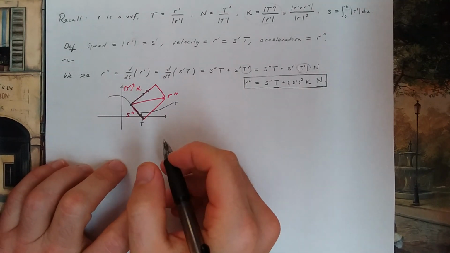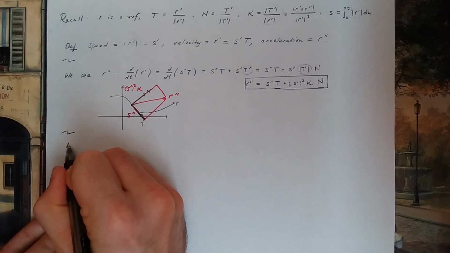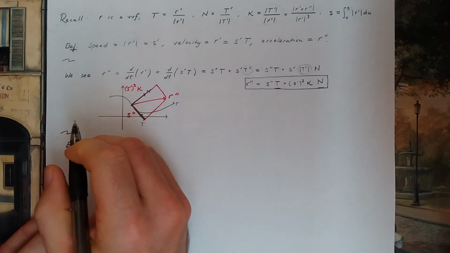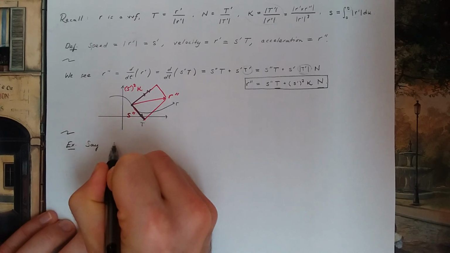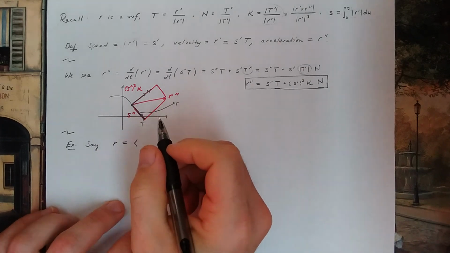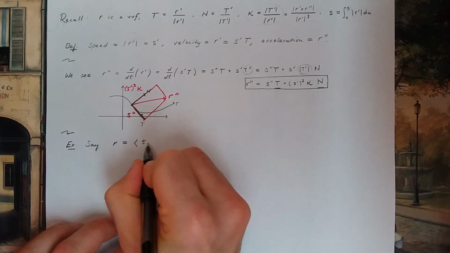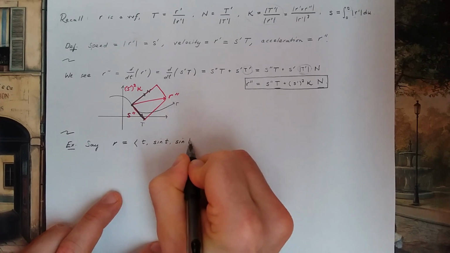Okay, let's do an example with a calculation. So here's an example. Let's say that my vector valued function r is the vector valued function t, sine t, sine t.